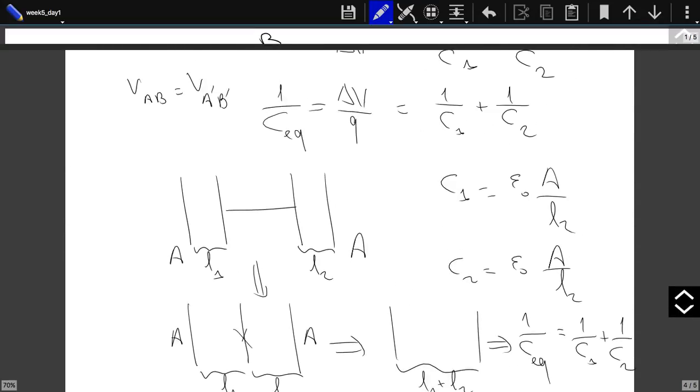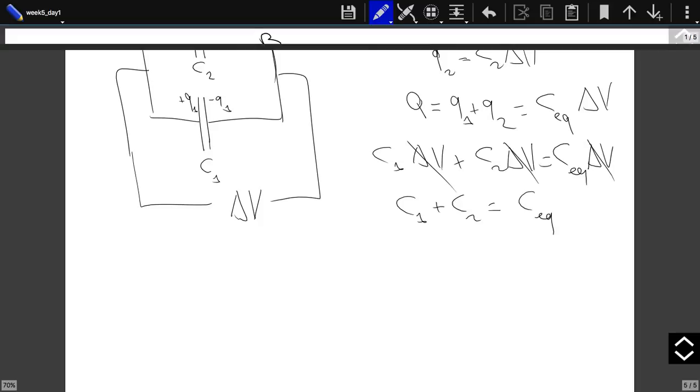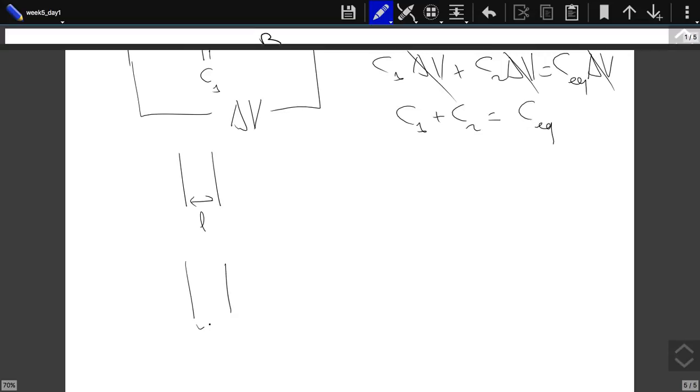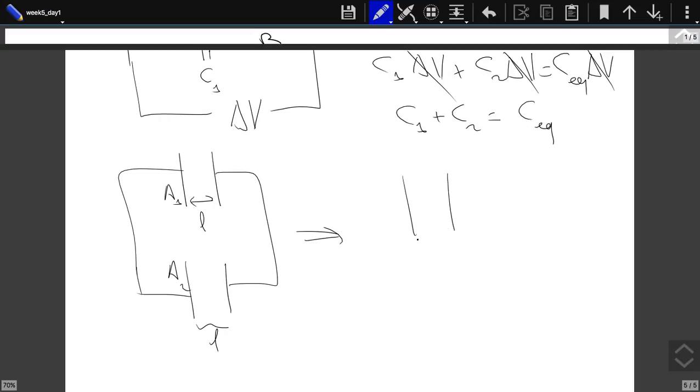Now, we can also have a similar explanation to this one. Let's imagine that these two capacitors have the same width, L, but to create two different capacitances, this has area A1, this has area A2. If you just connect these wires, there's no potential difference between this point and this point. They are at the same potential. So we can just imagine we are moving them closer.